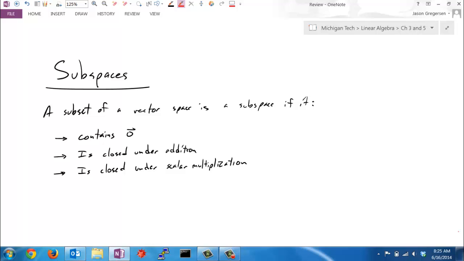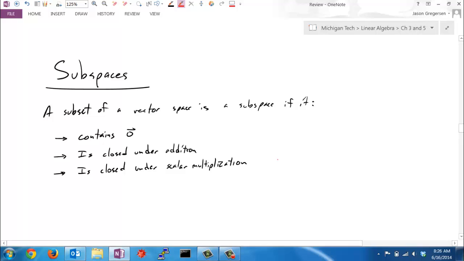And that idea, sometimes it does, sometimes it doesn't. For that subset to form a subspace, it satisfies our three properties: it contains the zero vector, it's closed under addition, and it's closed under scalar multiplication. Those ideas just meant that if we take any two elements of our subset and add them together, we're still in that subset. We can't add our way out, we can't scalar multiply our way out.